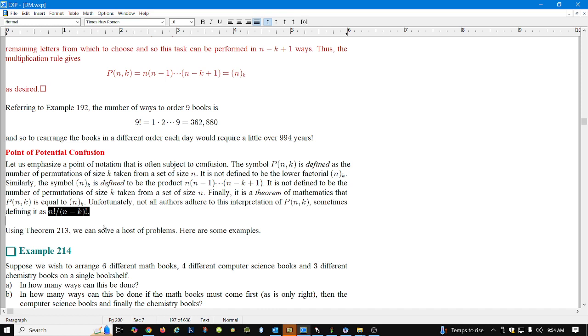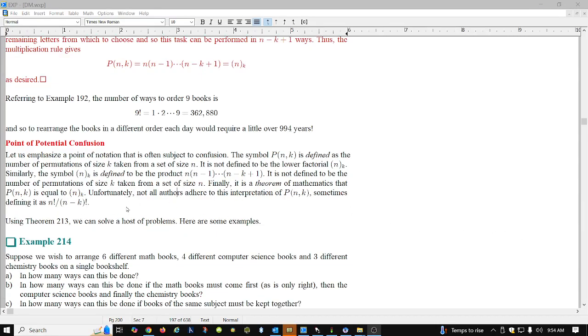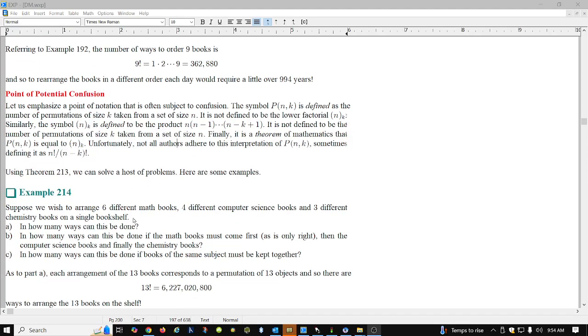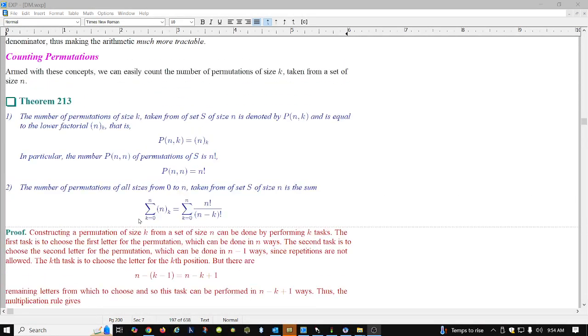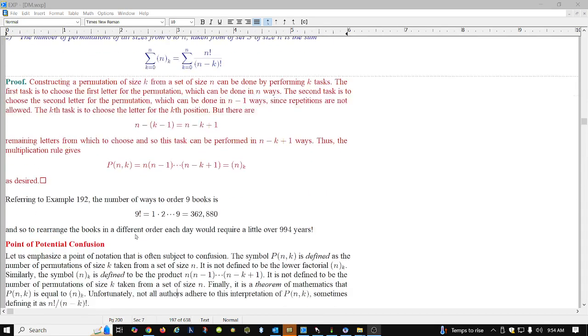It may be that these authors don't care to define the concept of a lower factorial, so that would be one way out, but I don't think it's good pedagogy. Now let's take a look at some problems we can solve using this theorem on the value of P(n,k).